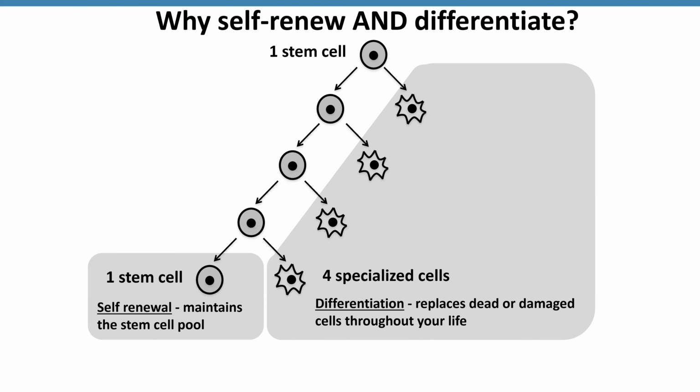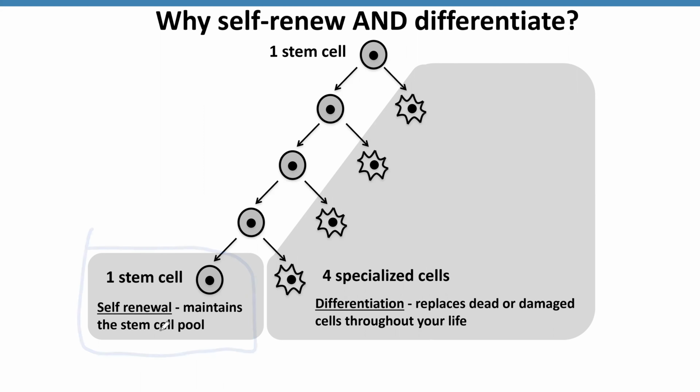But that's our first division. And then we have again a stem cell that will divide and produce another stem cell and a specialized cell. It divides again, producing another stem cell and a specialized cell. So at the end, as seen in this example, we started with 1 stem cell and we end up with 1 stem cell.